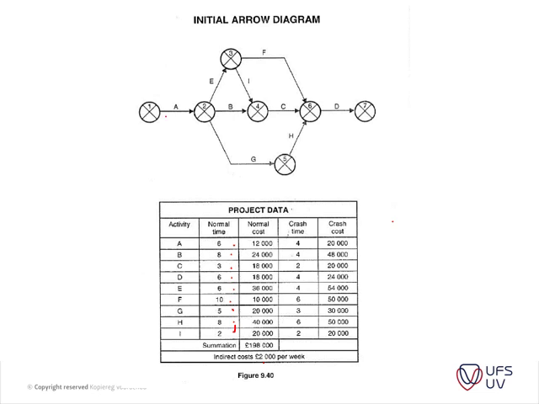Like A takes 6, so they just added 6 here. B has a duration of 8. Sorry guys, this is not freehand. And then E has a duration of 6, and so forth. And then they calculate your critical path. I think on the next page we will be able to see that much better.